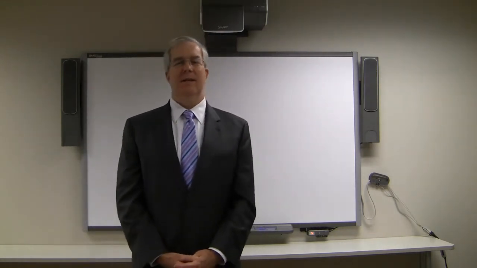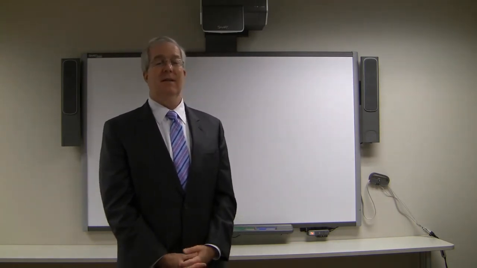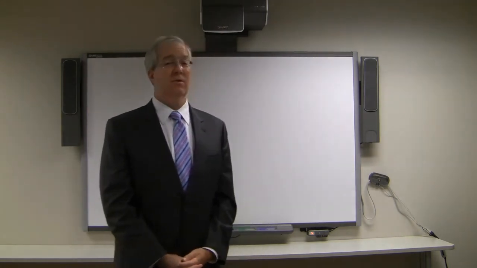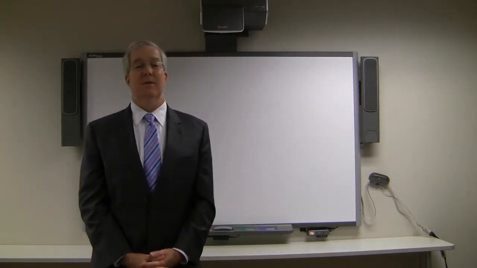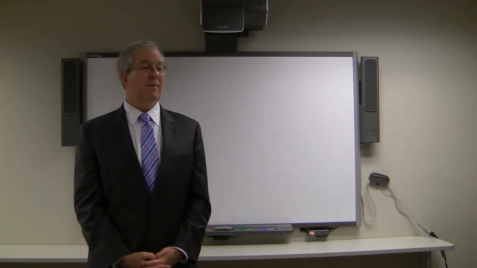Now, in this particular instance, let's say you realize that you failed to get some discovery during the discovery period, and there's something you'd really like to know before trial. Can you use summary judgment as a means of trying to flush out evidence from the other side?